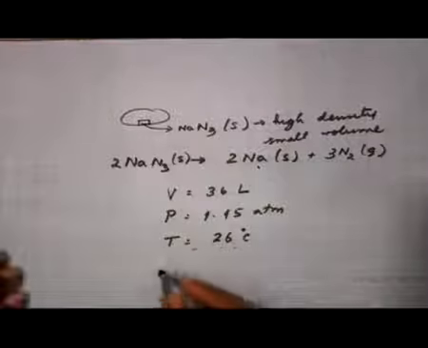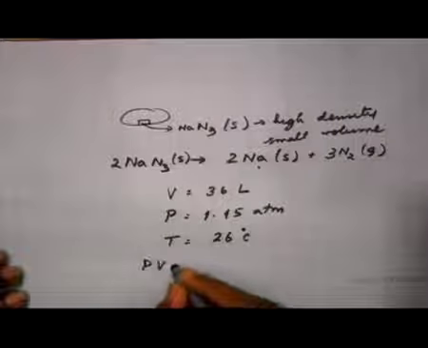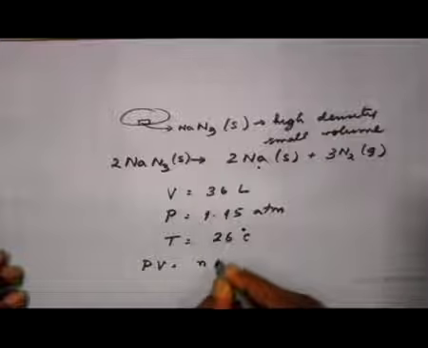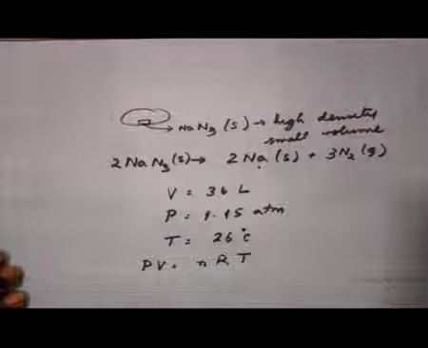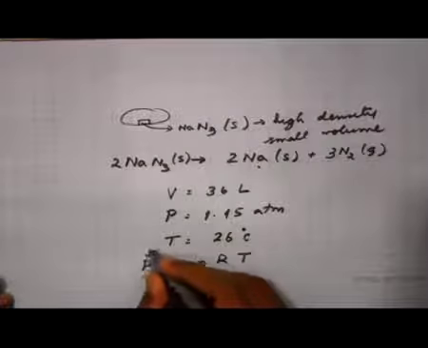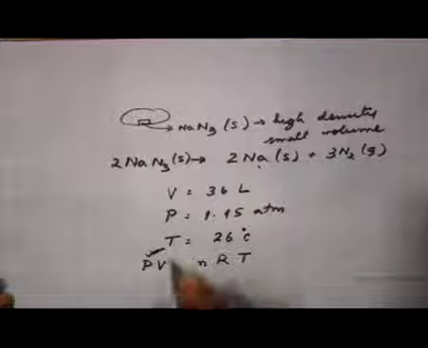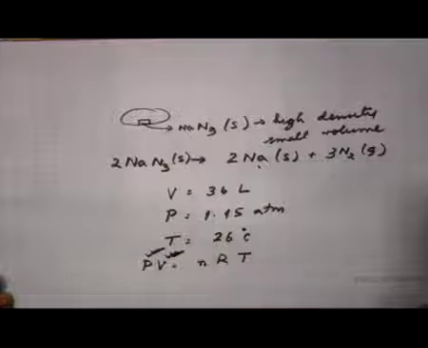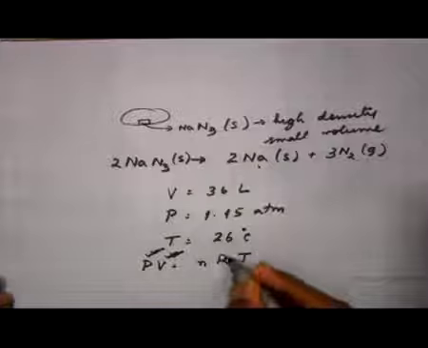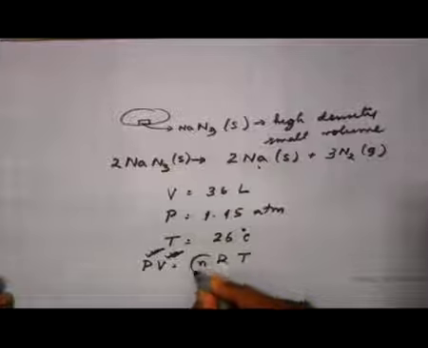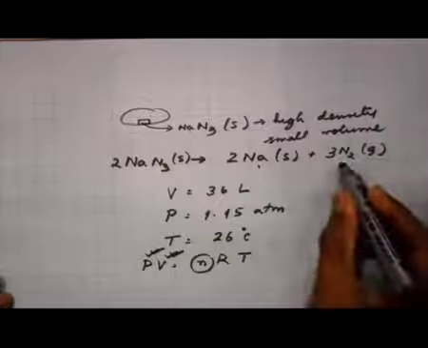That is a very straightforward application. PV equals nRT, very similar to the first question that we had about the football. Another very practical application. We know the pressure, we know the volume, we need to know n, we know this relationship.